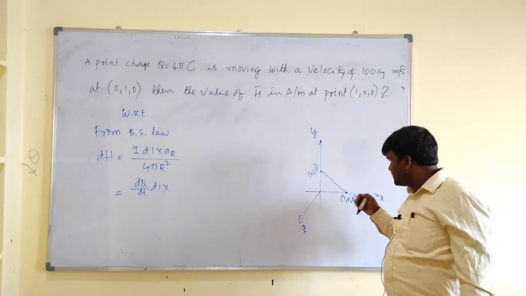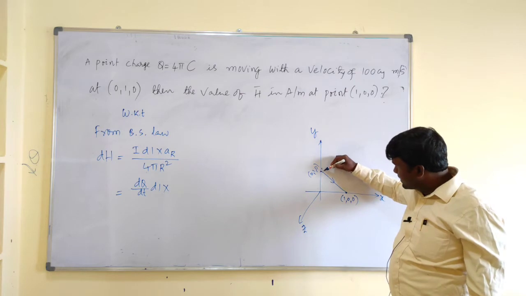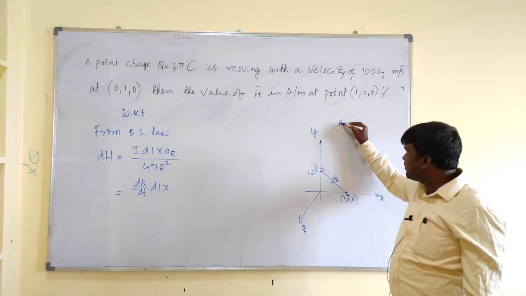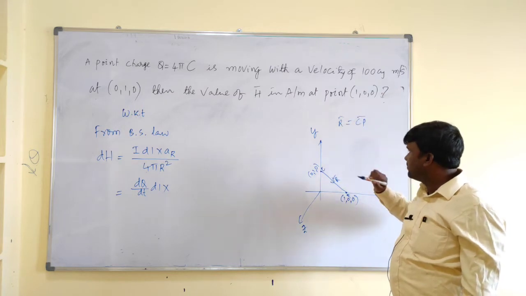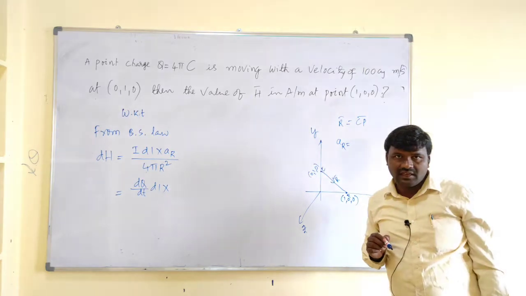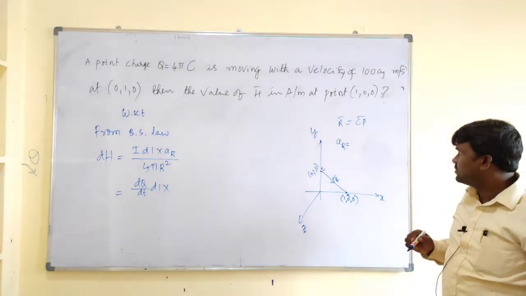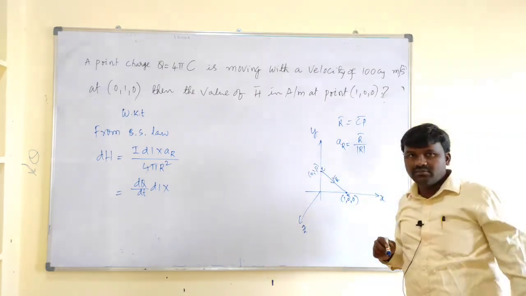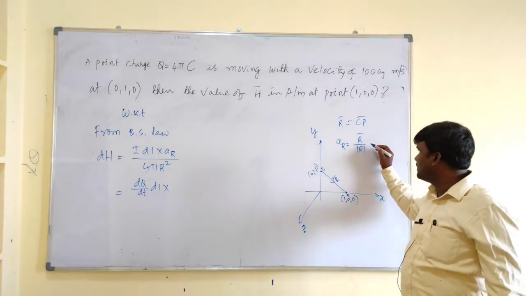This is the source point, this is the destination point. Source point is taken as C and P is the point of interest. So we have distance vector R bar equal to CP bar. Then aR is R bar by mod R. What is R bar?